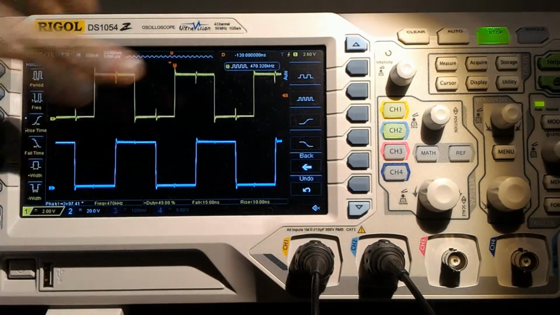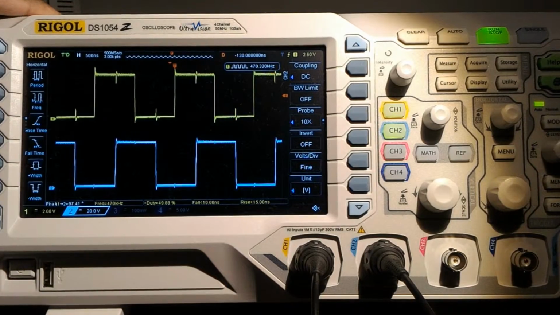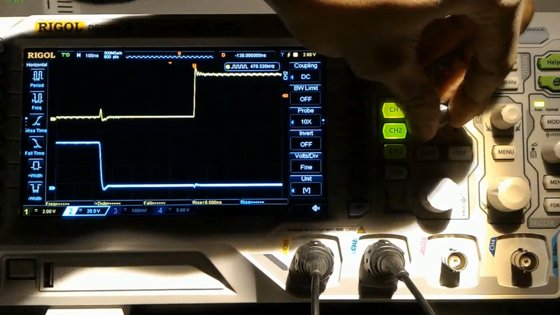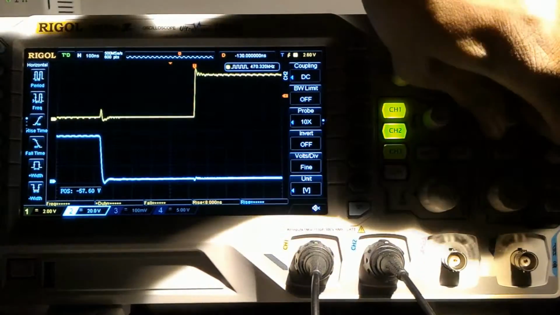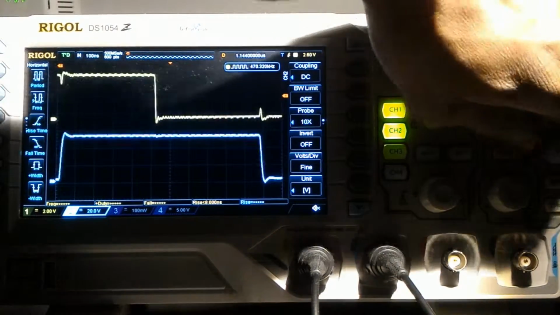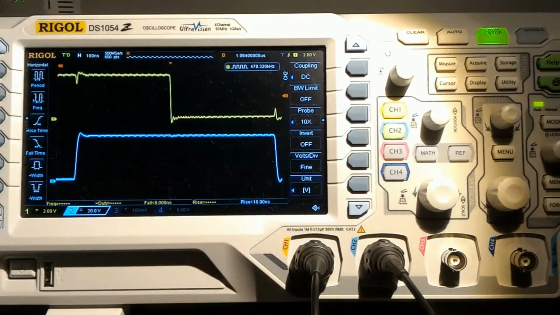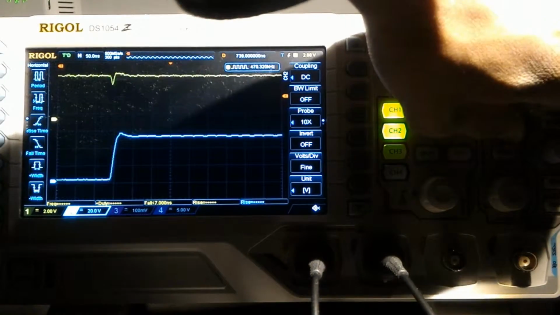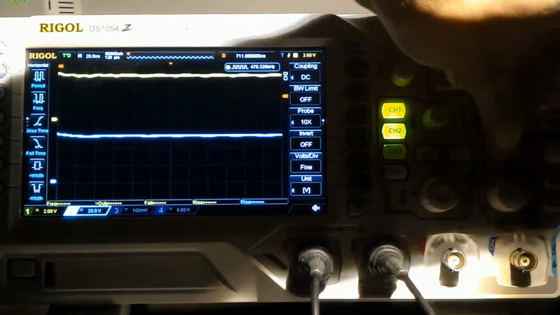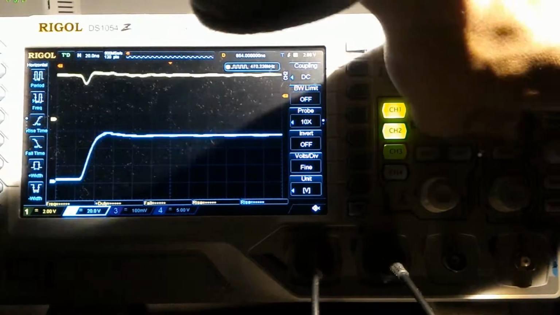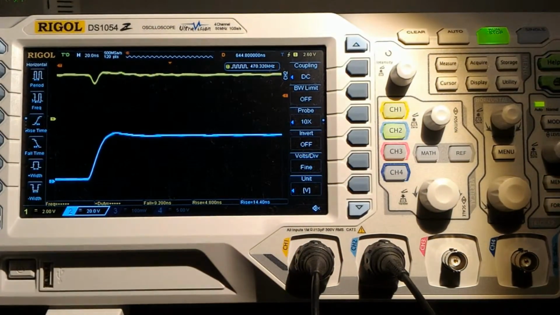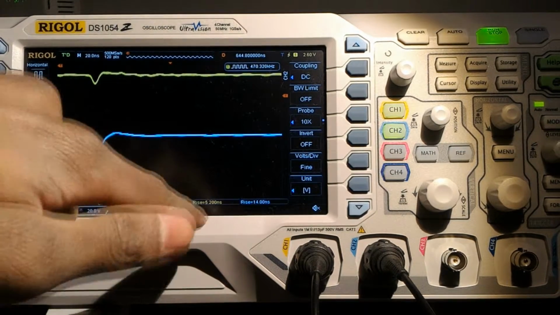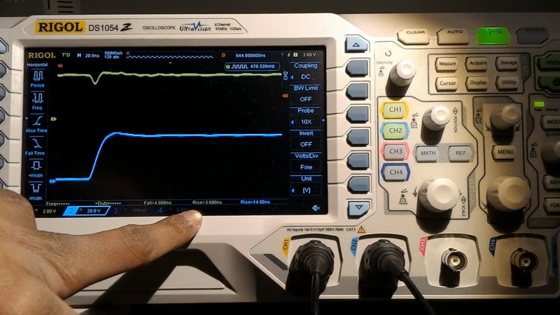And if we take a look at waveform 2, because as we could see it was a little bit different. Okay, the rise time is about 14 to 15 nanoseconds, which is significant compared to the 5 nanoseconds.